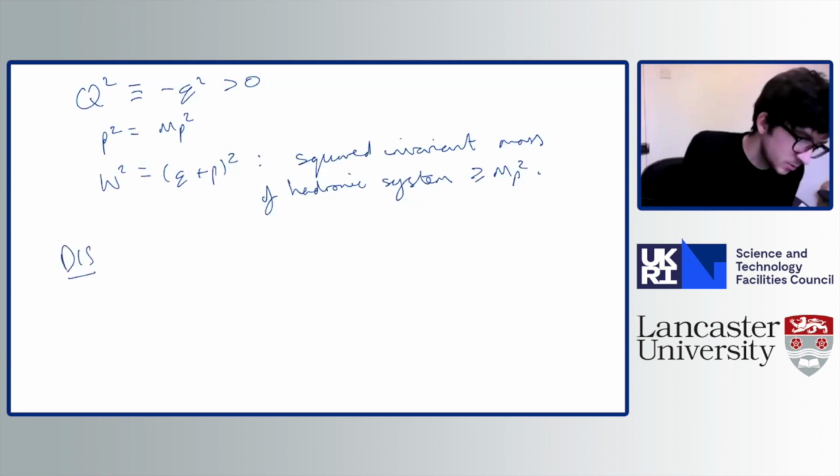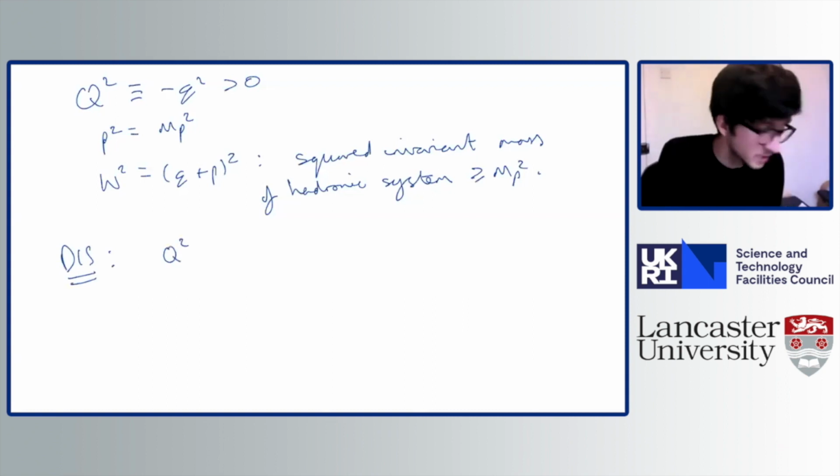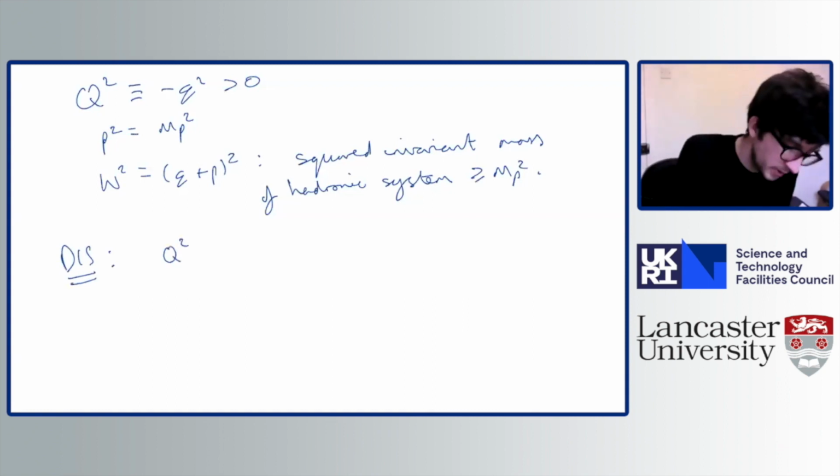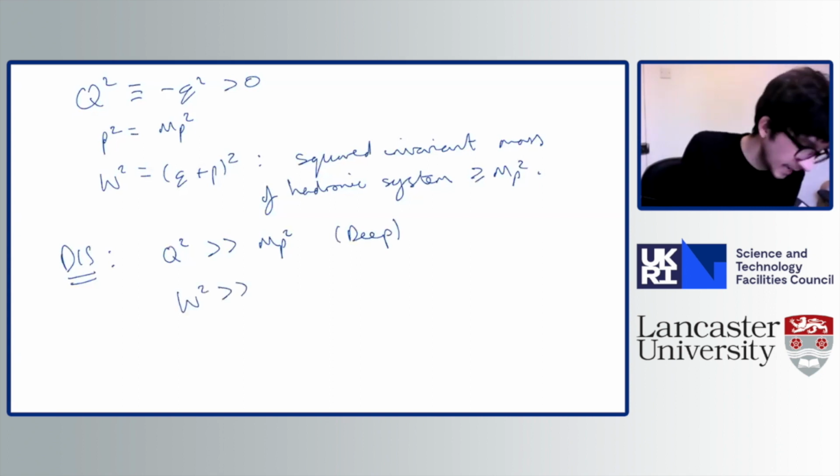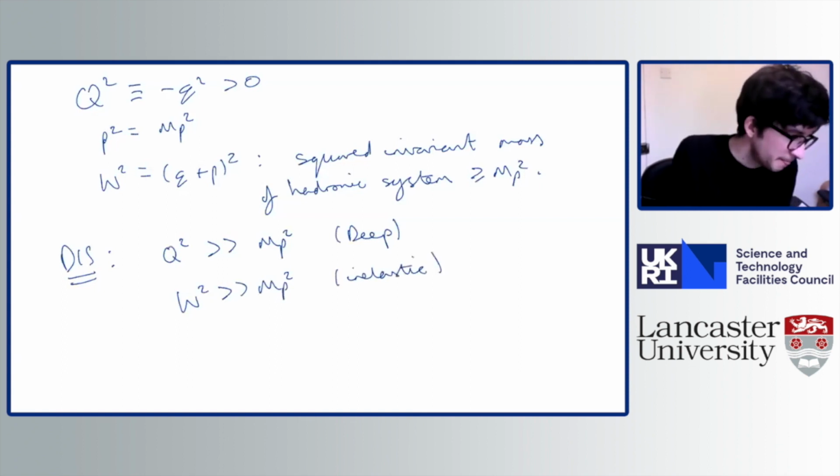So what defines DIS? Because, as I say, you could have elastic electron proton scattering, that's certainly a thing. But what we're interested in is rather the case that the Q squared is a lot bigger than MP squared. So we call that the deep, if you like. And as I say, it's inelastic. So we also want the W squared to be a lot bigger than MP squared.